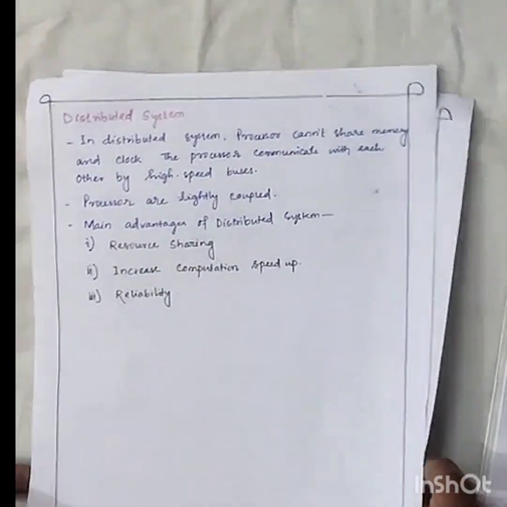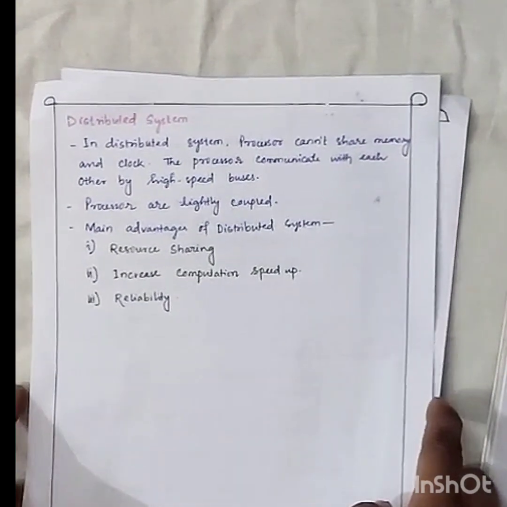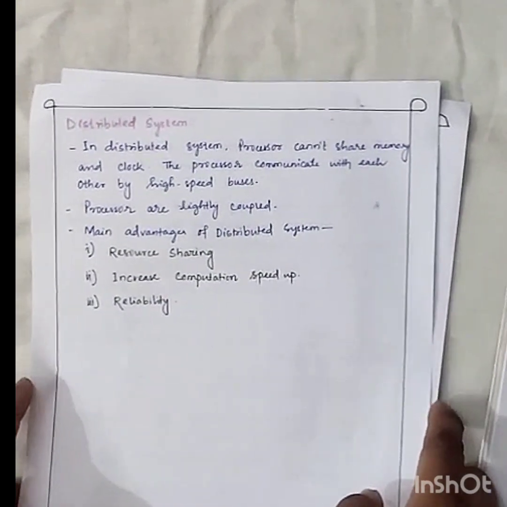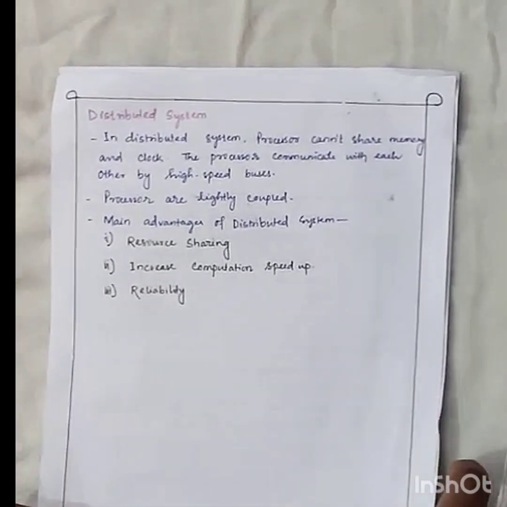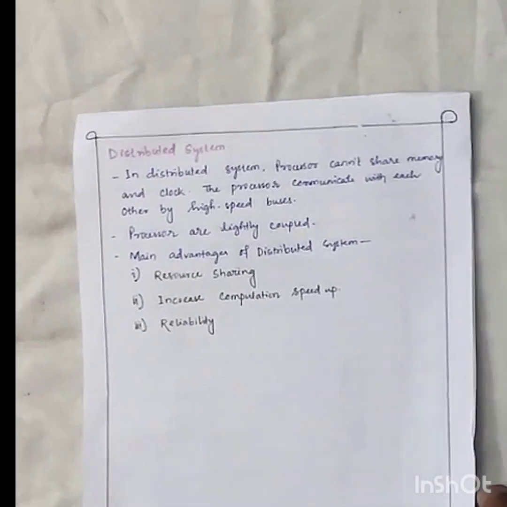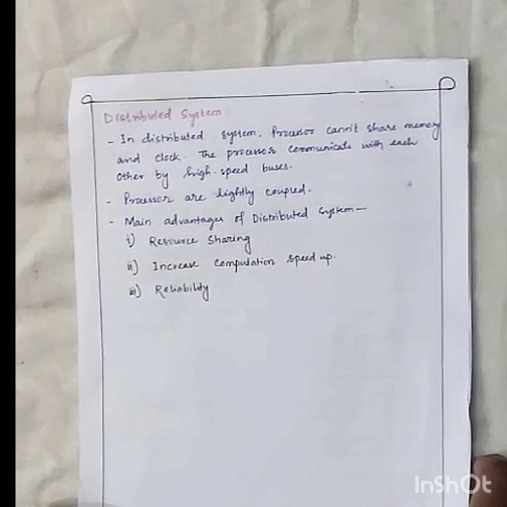And the sixth generation, the last generation, is the distributed operating system. In a distributed operating system, processors cannot share the memory and clock. They cannot share any hardware device, but they share the communication path.